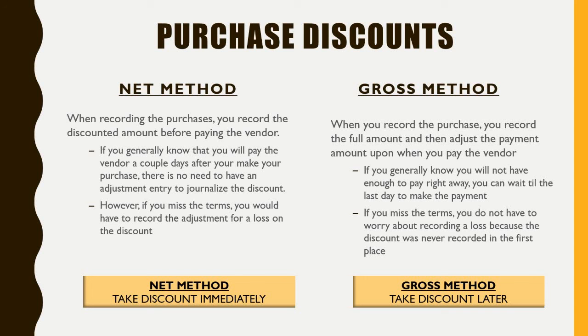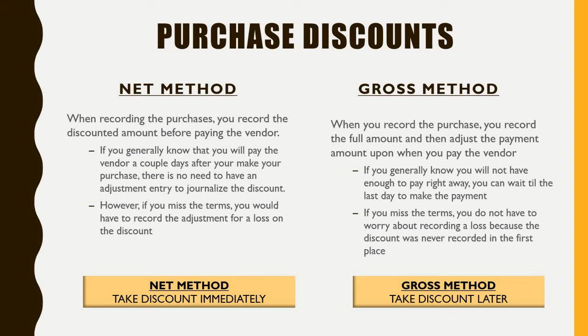The way we journalize perpetual inventory is the difference. With the net method, we're really good at paying our bills on time, so we pretend the discount applies automatically when we pay on time, and we get the discount no matter what. We're just trying to save ourselves another journal.